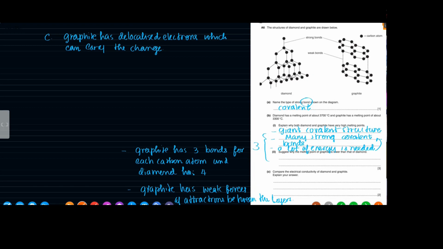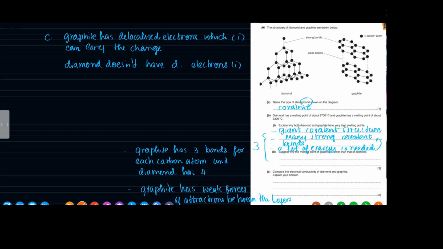And then you give the opposite argument: diamond doesn't have delocalized electrons. So technically, according to what they have given, you should get full marks for these two.